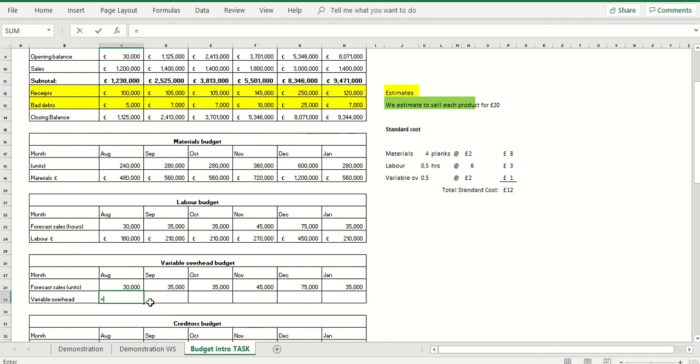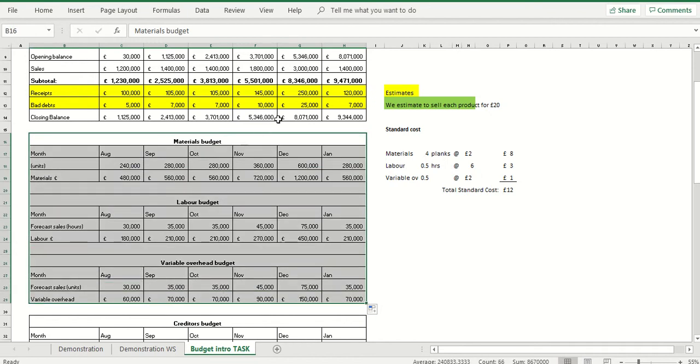So if we make 30,000 units, we can say 30,000 units times the £2 that they cost to make, and that gives us £60,000, and we can drag that across. And as such, we've now created all of the three budgets that relate to the cost of making the products.